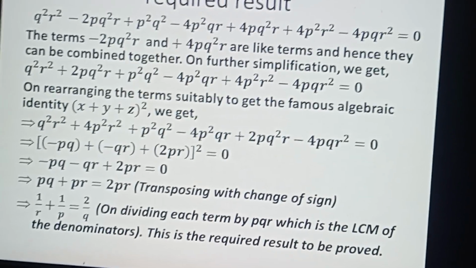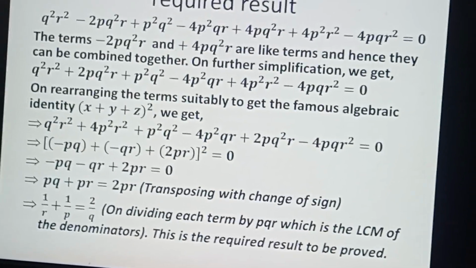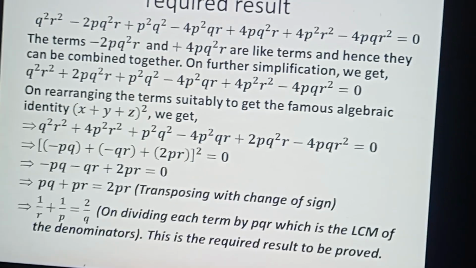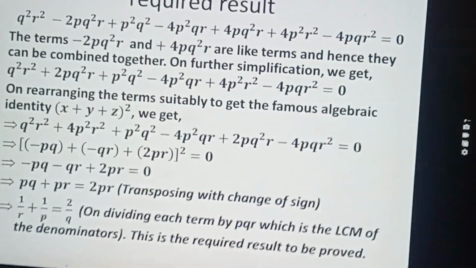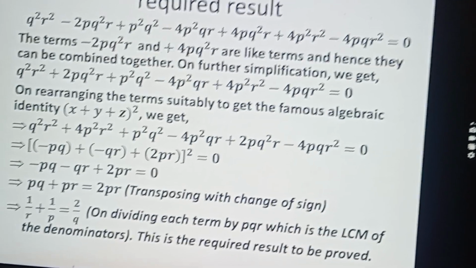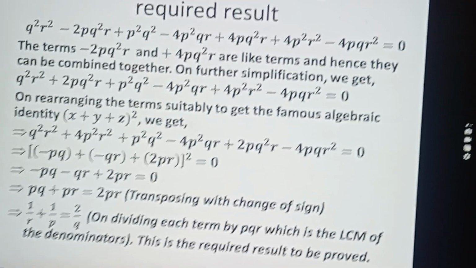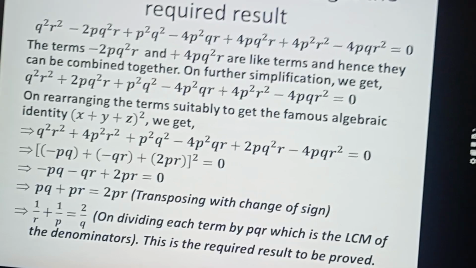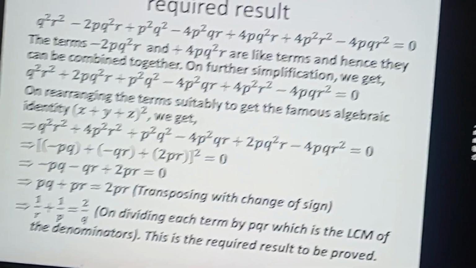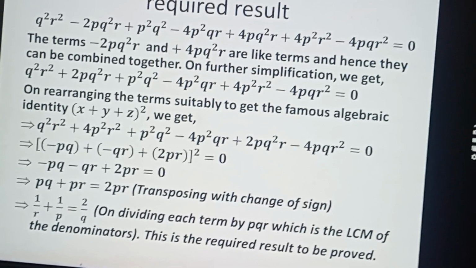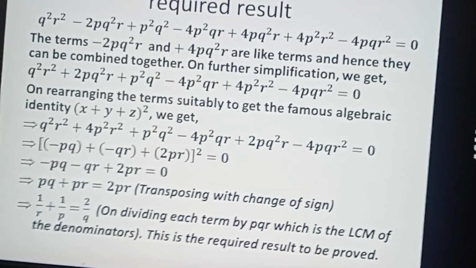And 2pr the whole squared gives you 4p squared r squared, which is a plus there. The other terms, when you combine two ab terms, 2xy, 2yz and 2zx, you can work it out and see. This is an important thing which you have to find out from the sequence of the identity.